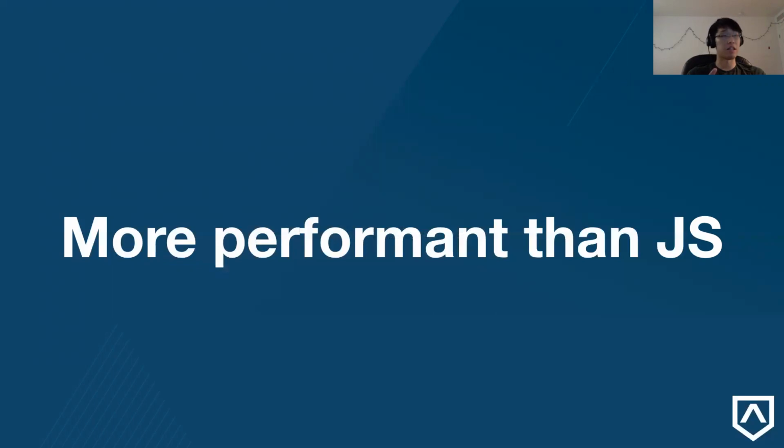Again, it's designed as a compiler target for other languages to be compiled into. And so you actually get a bunch of advantages that way, most notably that the WebAssembly format can be optimized much more for machine readability.